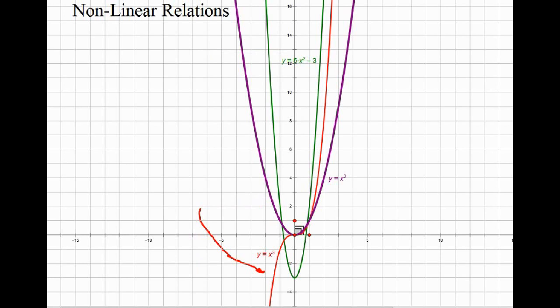It looks similar to y equals x squared, but instead of starting at the origin, it sort of curves around down here at (0, -3), that coordinate there. But it does have that similar sort of shaped curve. But again, definitely not a linear equation. So these are just a few examples where we have an exponent other than 1 in our equation. And when we have an exponent other than 1 with one of the variables in the equation, that means that we have a nonlinear relation.